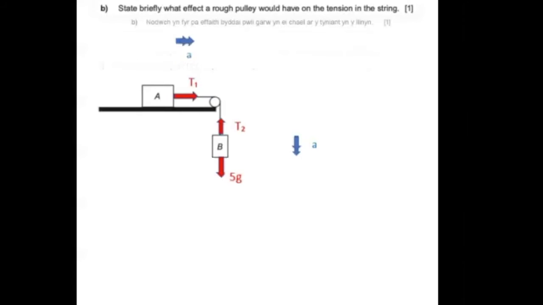If it were a rough pulley, the tensions would not be equal. Let's look at this on a diagram. Let's label the horizontal tension on A as T1 and the vertical tension on B as T2.